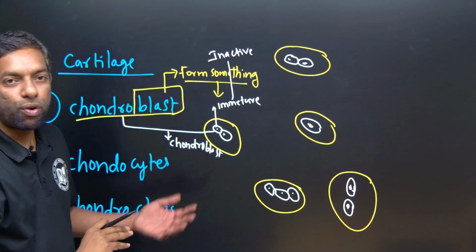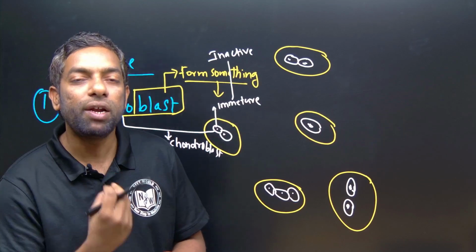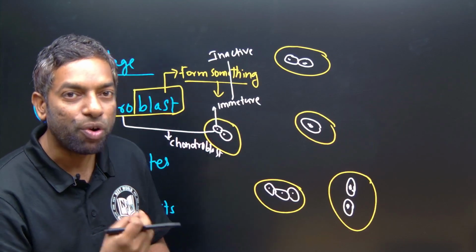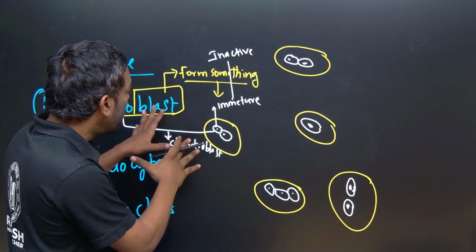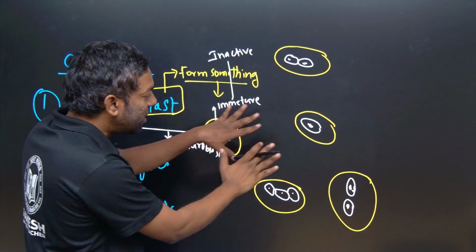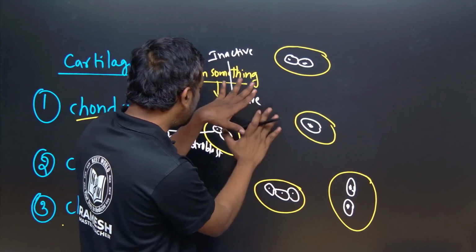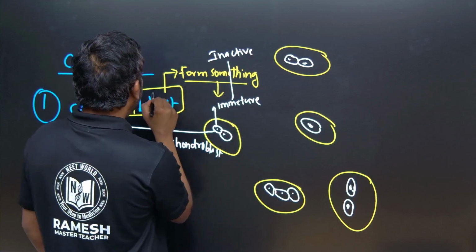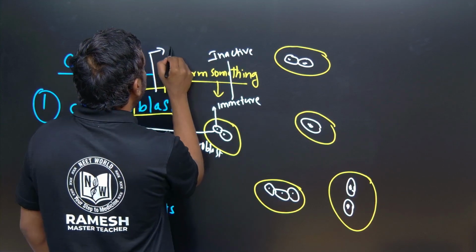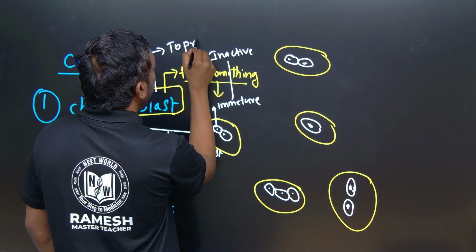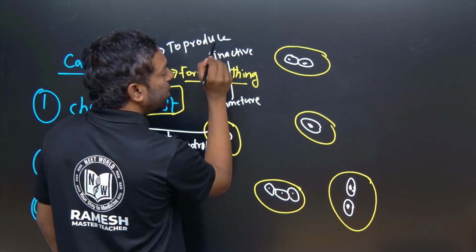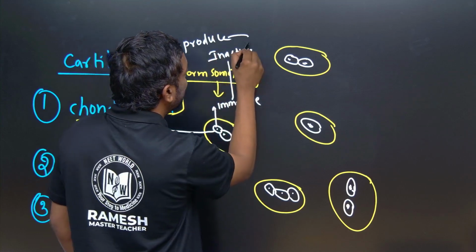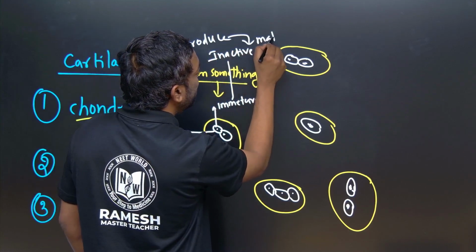We know blast means to form or produce something. Here, what can they produce? The space; they produce the matrix. Blast means to produce, and the something is the matrix.